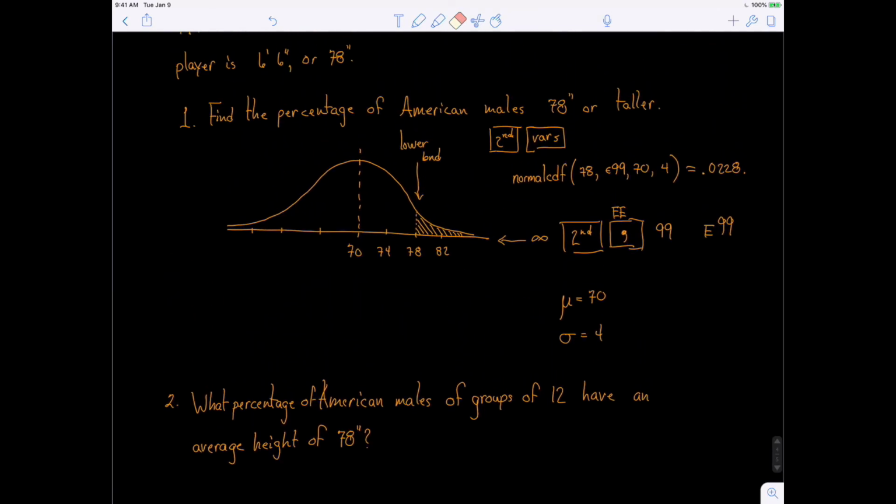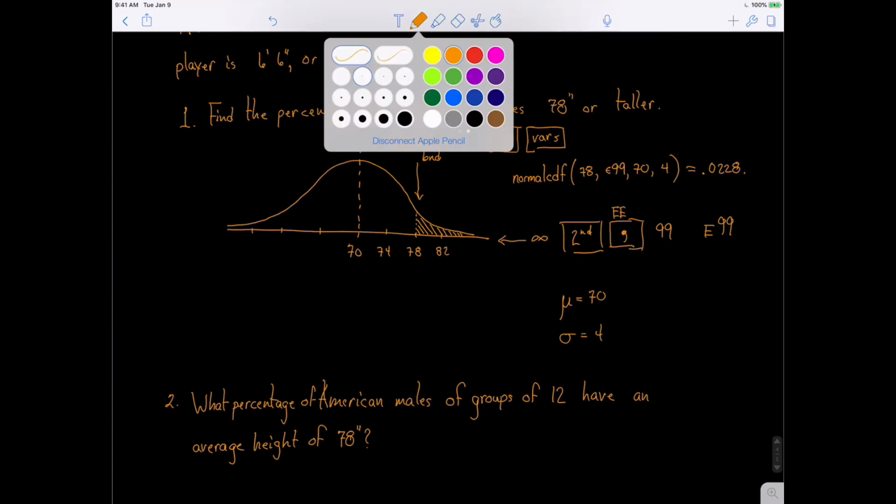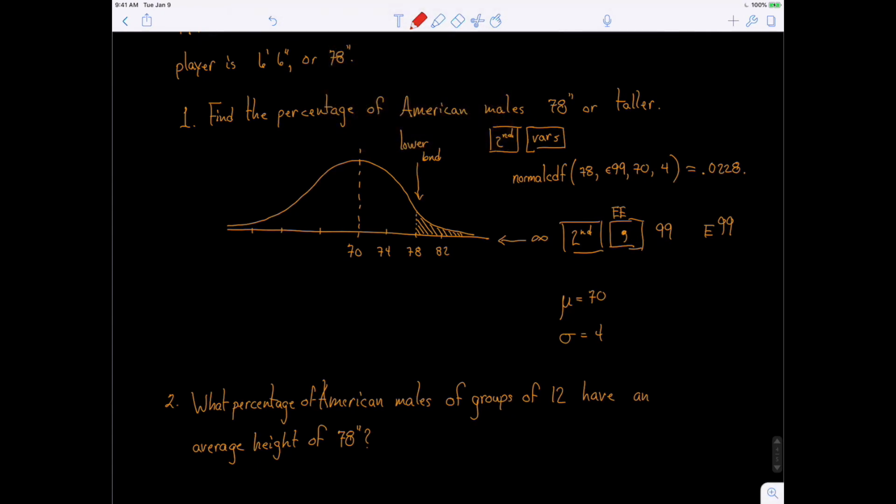Notice this. If I take the standard deviation now for my sample means, that means I take the original 4 and I divide it by the square root of 12. If you take 4 and divide it by the square root of 12, you're going to find that that's about 1.1, or even figure 1.